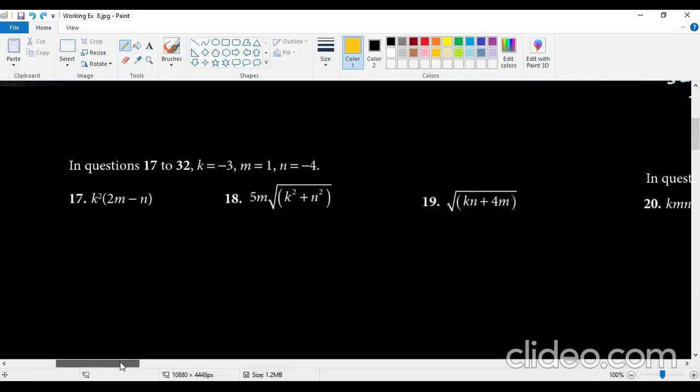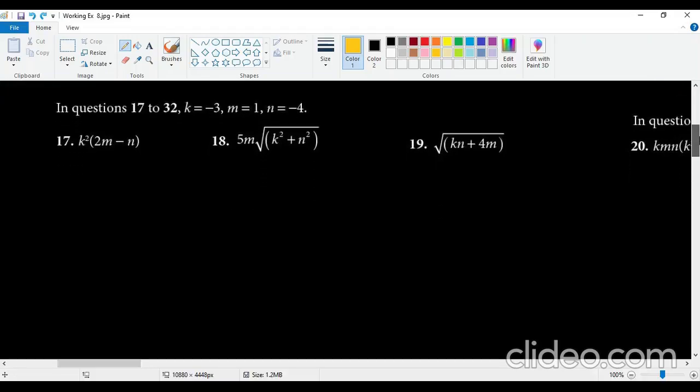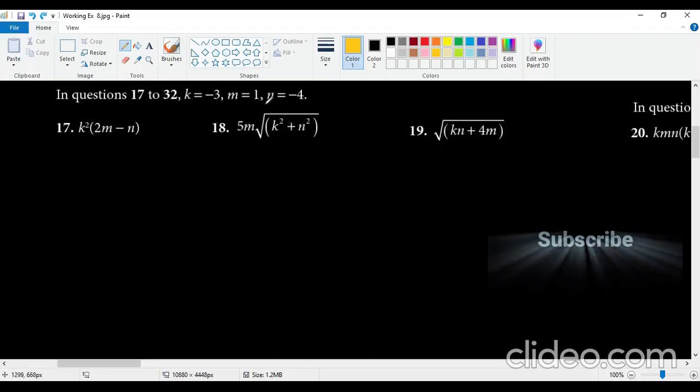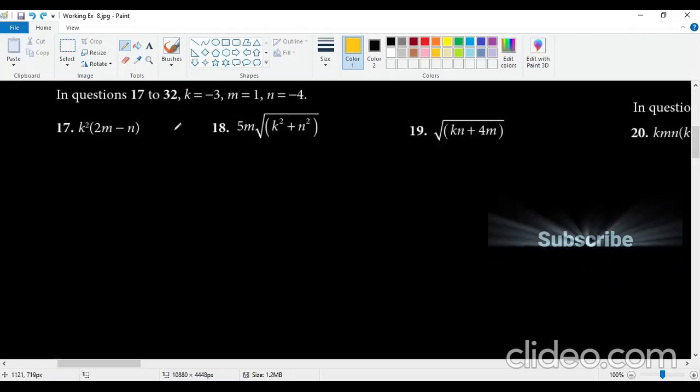Moving on to question number 17. In here, the values are k equals negative 3 and m equals 1 and n equals minus 3. Starting from question number 17 to 32, these are going to be the values for k, m, and n.